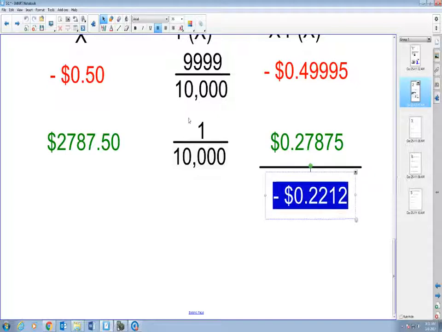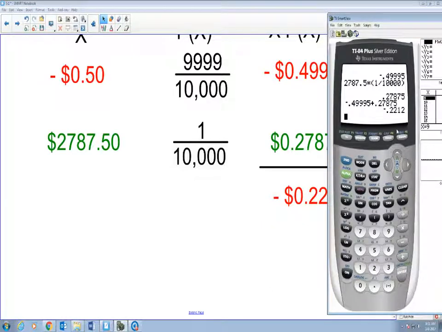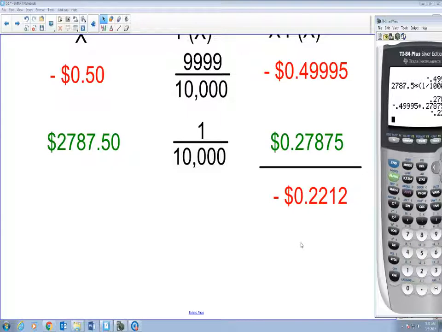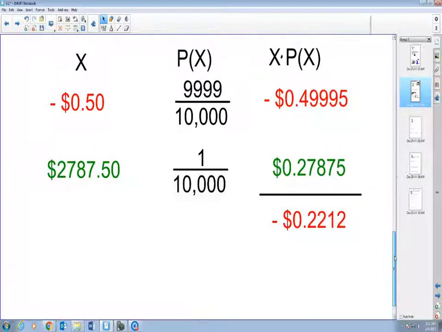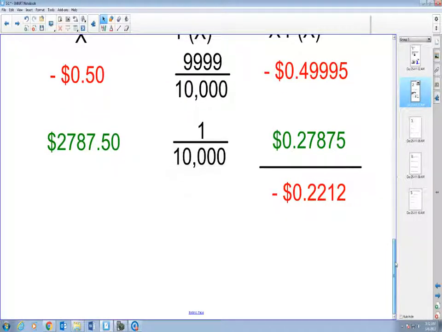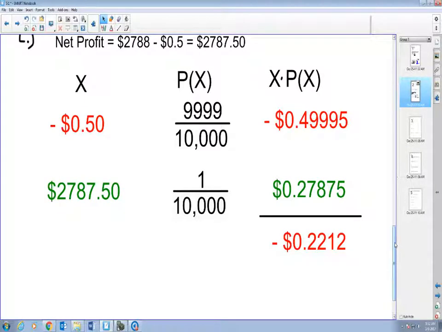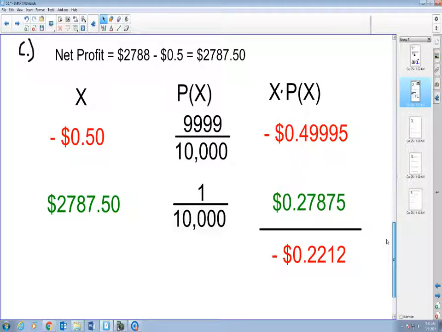So what that tells me is my expected value in the long run is to lose about 22 cents while I play this. Okay, that's basically how lottery works. When you play, sometimes you win, sometimes you lose, but if you keep on playing the lottery game, in the long run the true expected value, the true mean, tells you that you will lose 22 cents.